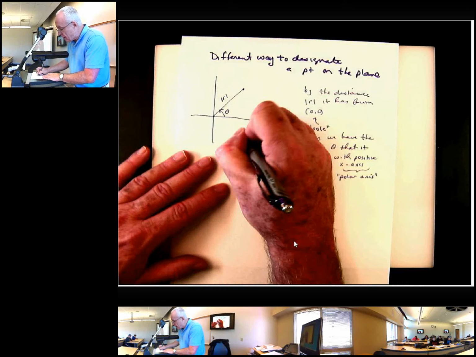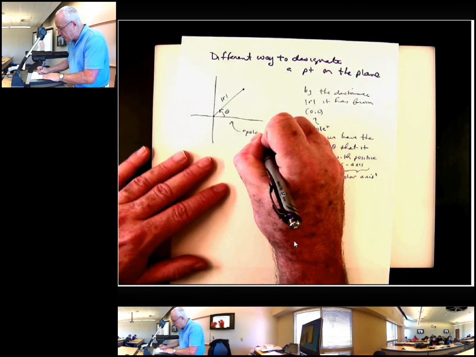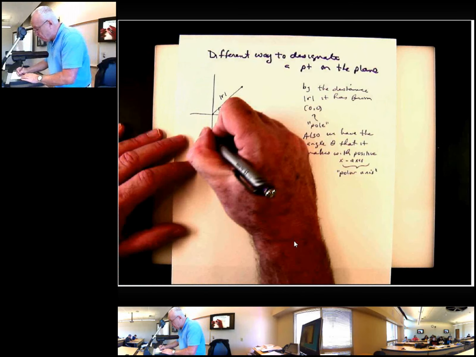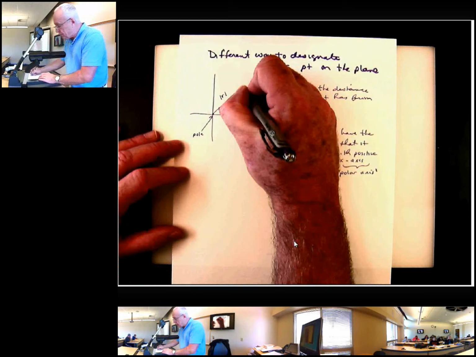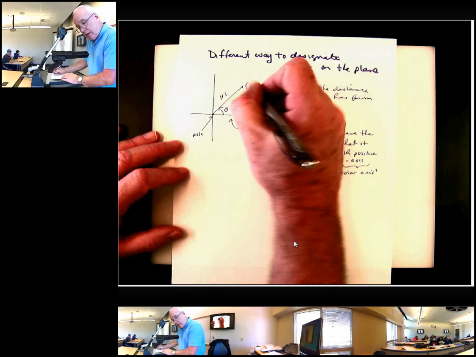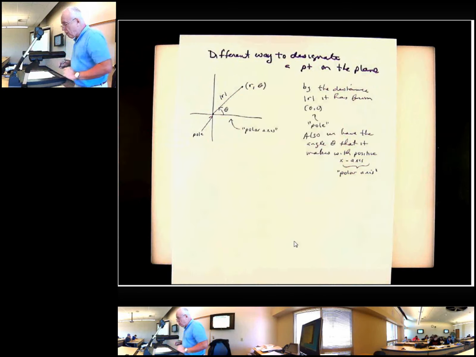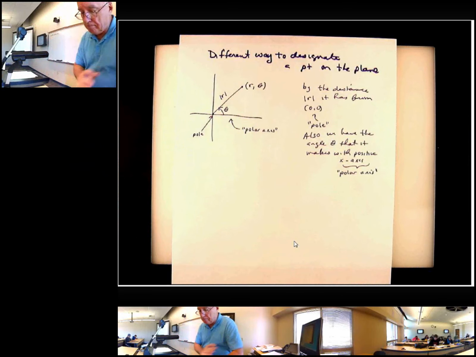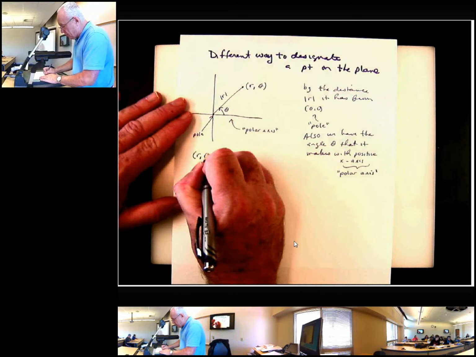So on this graph, the positive x-axis is our polar axis, and this 0, 0 here is the pole. This point way out here has the two coordinates, r and theta. These are called the polar coordinates. r, theta are the polar coordinates.